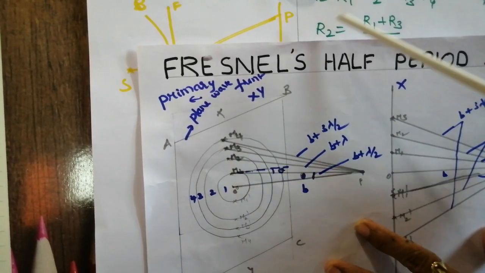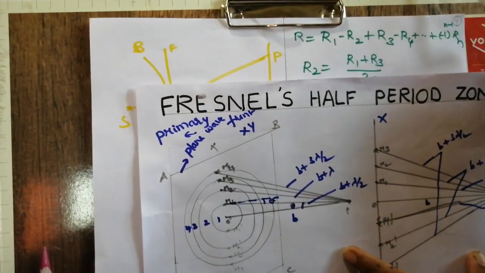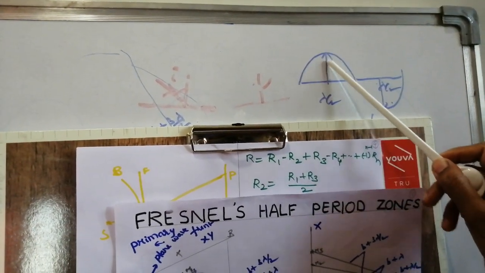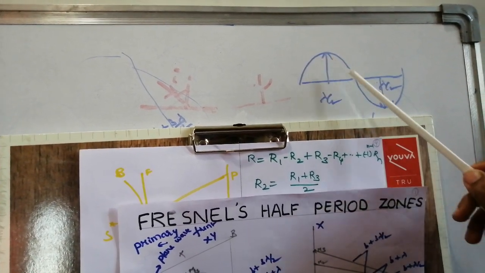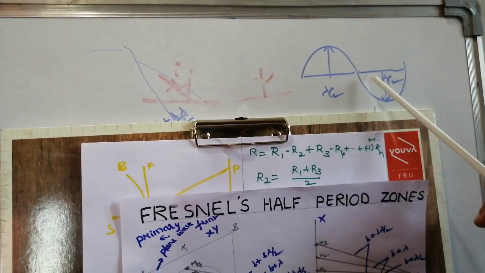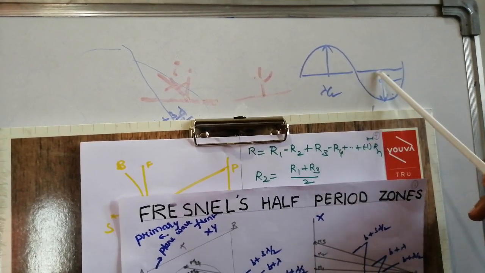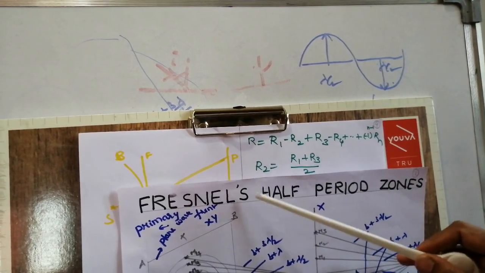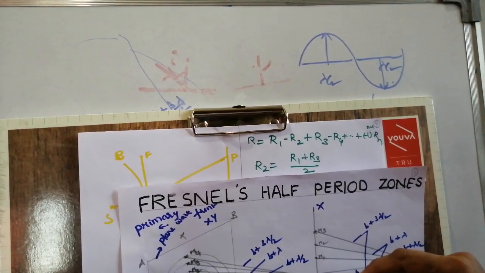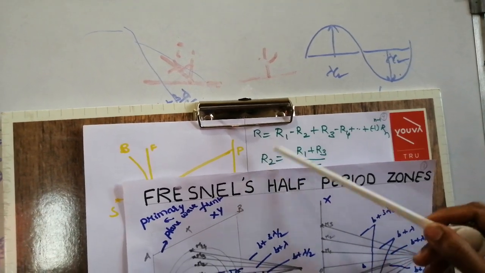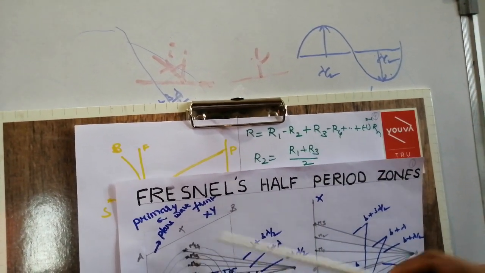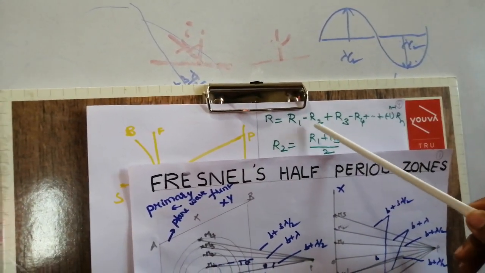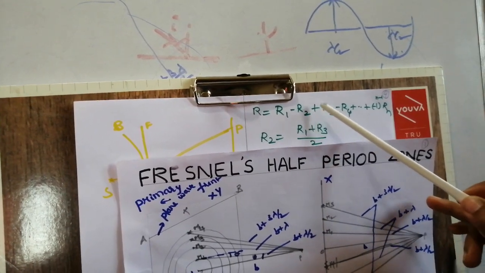Why is R2 negative? Because the amplitude due to the first zone is in the positive direction, and there is a lambda by 2 path difference between these two, so the second zone is a negative crest, so negative. In this way, R1, minus R2, plus R3, third positive. So for all odd zones we get positive amplitude, and for even zones we get negative amplitude.